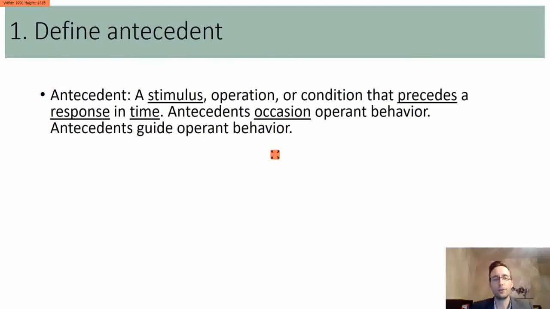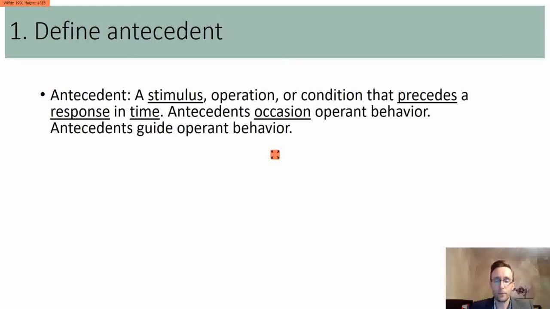It's also useful. And just note that an antecedent can be a stimulus, an operation, or a condition. What's important is that this is a stimulus, that is a change in the environment that can affect an organism's behavior through their receptors, that precedes a response in time.